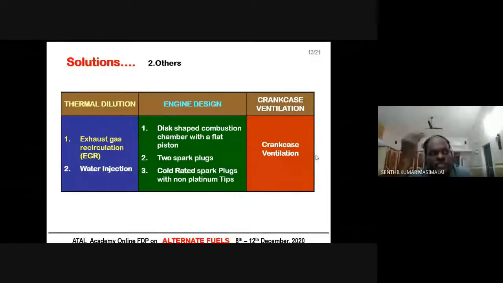If the engine continuously runs, the fresh charge may get accumulated in the crankcase. If any hot spot is present in the crankcase, you may have the possibility of explosion of the crankcase.